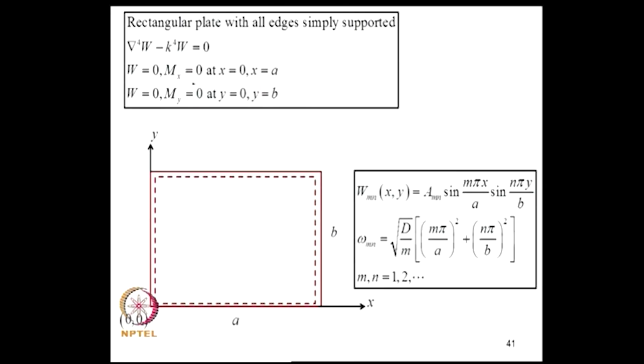This problem is amenable to an exact solution, and the mode shapes are given in terms of sinusoidal functions, and this is the exact expression for natural frequencies. The natural frequency will carry two indices when we are considering two-dimensional problems. This does not come up in finite element solutions, but in analytical solutions this feature would be present.